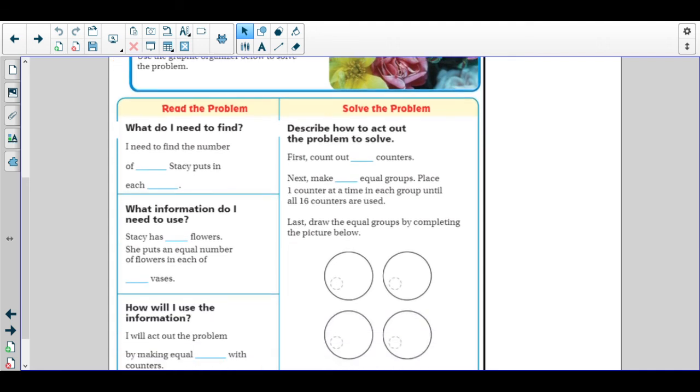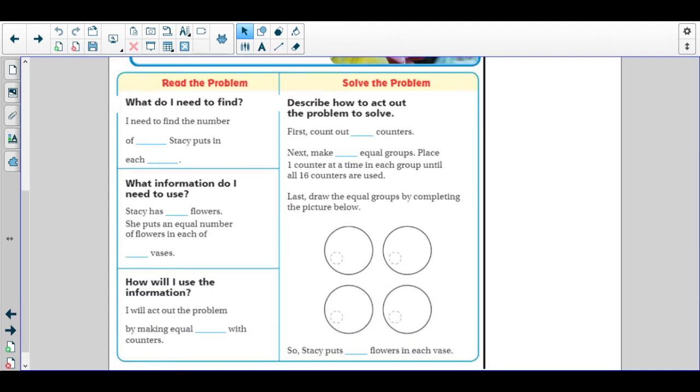And as we go through this, you're going to notice this is pretty familiar to some things that we've done in the past. So what do I need to find? Well, I need to find the number of flowers that Stacy puts in each vase. That's what I'm looking for. What information do I need to find?